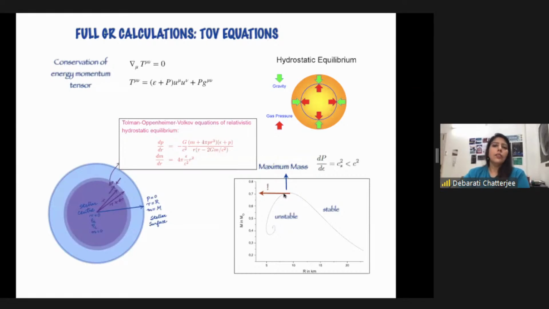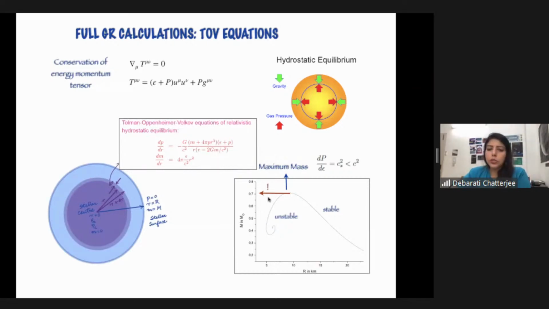And you saw that they have a canonical value around 1.4. And the highest maximum mass that was observed until now is close to 2 solar masses. So this definitely does not explain those high masses if you have only a free Fermi gas of neutrons.